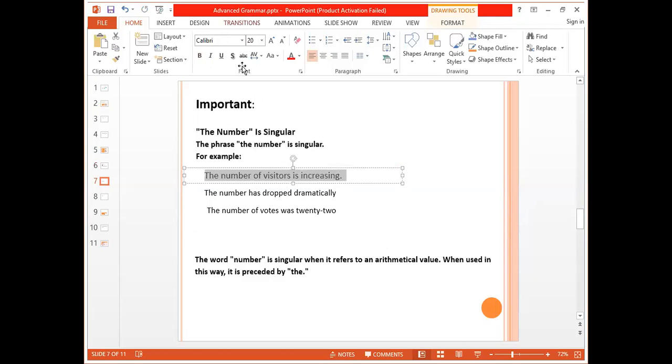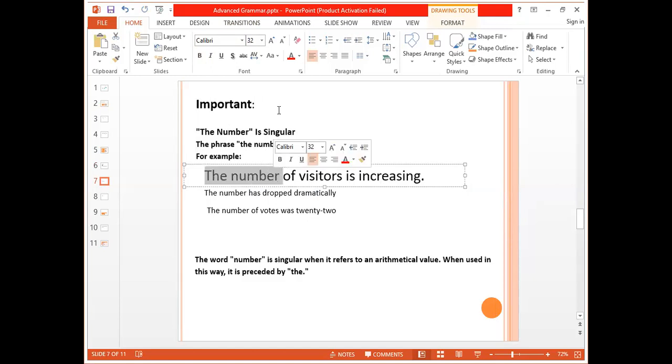Pay attention to this sentence, clear? Whenever you want to use the number, what did I say? It is singular. It's not plural, like what I have written here. The number of visitors is increasing.